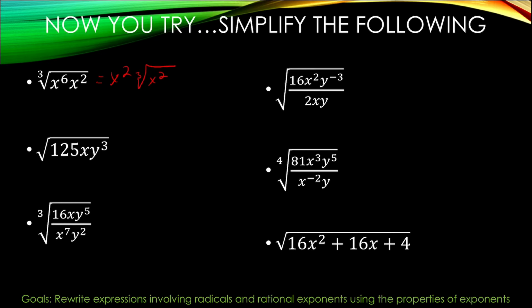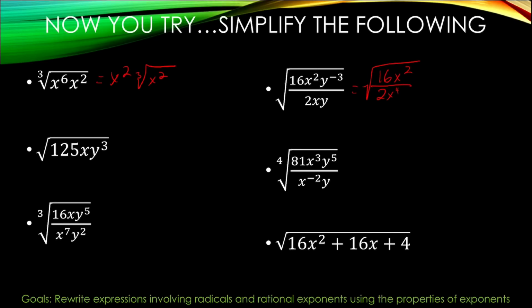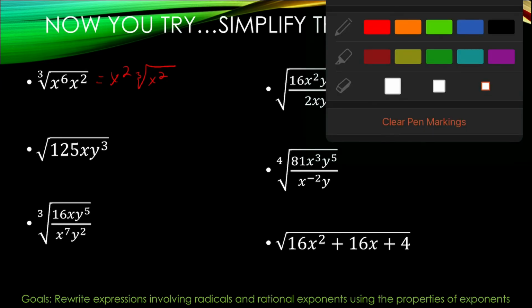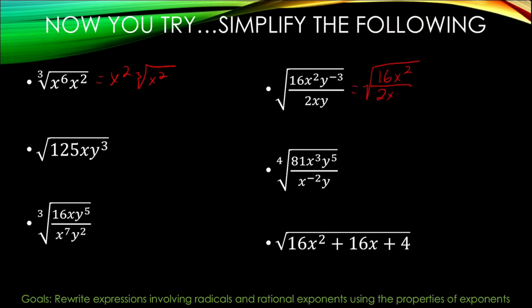And then this one we need to rewrite as 16x squared over 2x to the 4th. So I'm just using our 2x, and then it'd be y to the 4th.